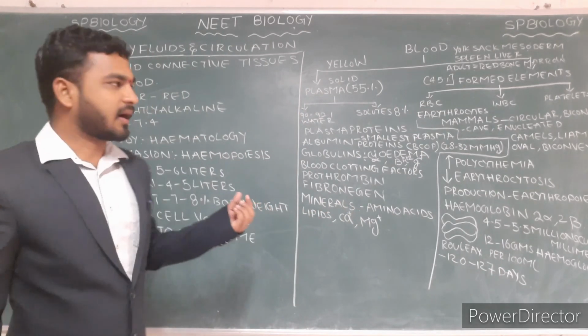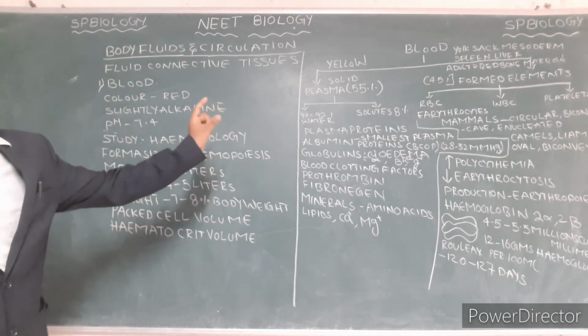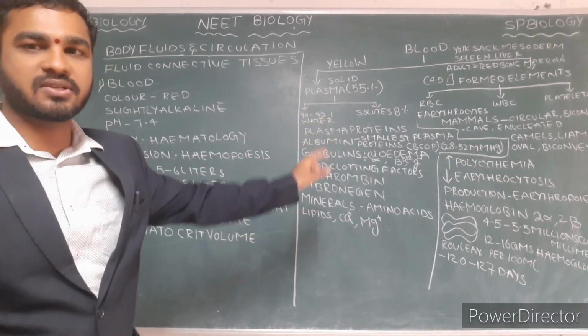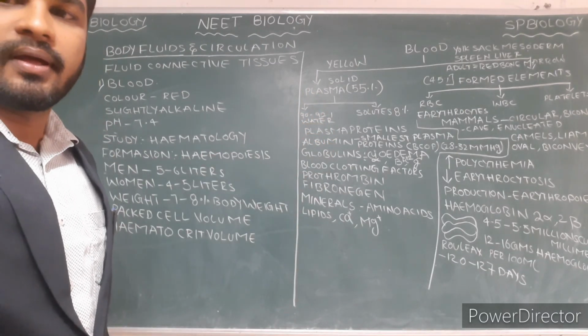This is regarding blood, plasma and formed elements. In formed elements we have discussed only red blood cells.